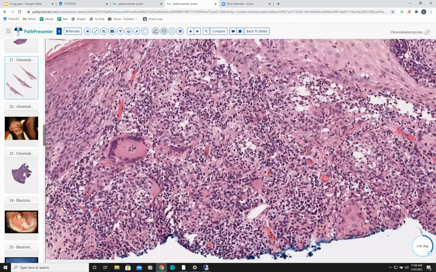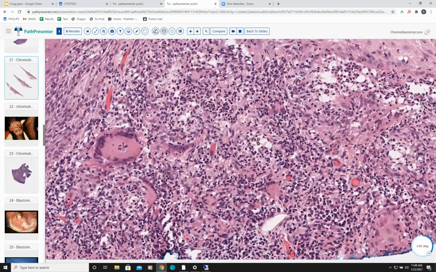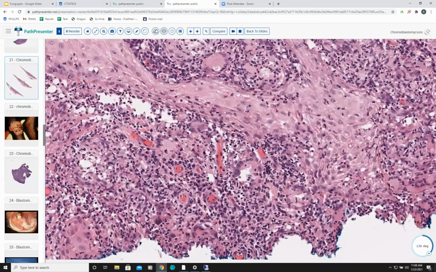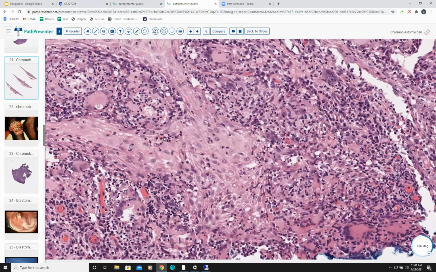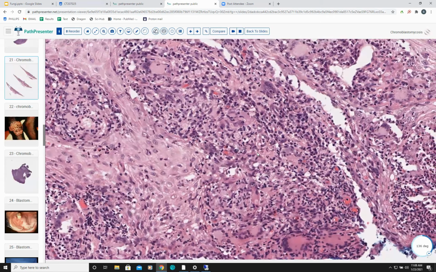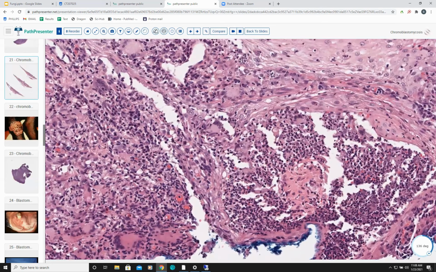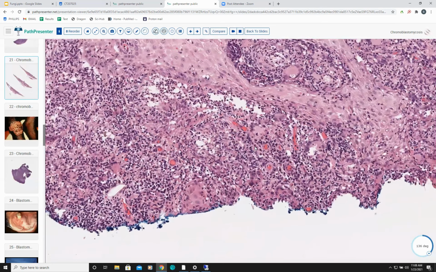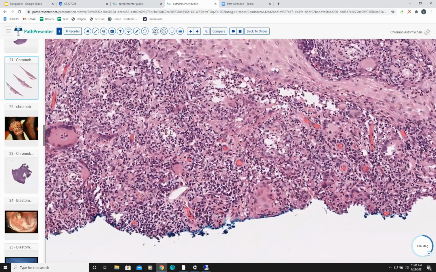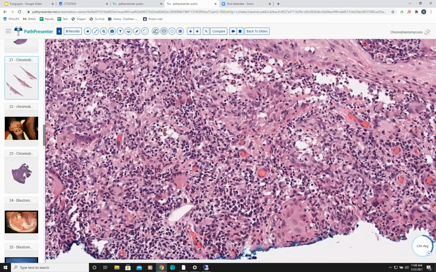When we start looking around here, the neutrophils, the histiocytes, the giant cells, and then there's chromomycosis. There are the copper pennies. Some plasma cells here as well. Eosinophils, so EOs should not negate you making a diagnosis of fungal infection. It was pretty difficult to find the organisms, but when you're scanning along here, there are clearly chromomycosis.